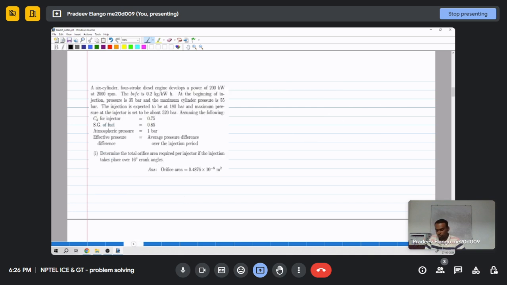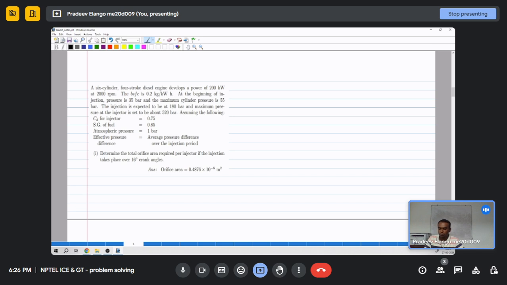Okay. Then we go to the next problem. A six-cylinder four-stroke diesel engine develops a power of 200 kilowatt at 2000 rpm. The BSFC is 0.2 kilogram per kilowatt hour. At the beginning of injection, the pressure is 35 bar and the maximum cylinder pressure is 55 bar. The injection is expected to be at 180 bar and the maximum pressure at the injector is set to be about 520 bar.